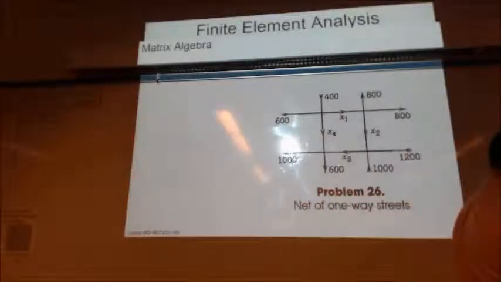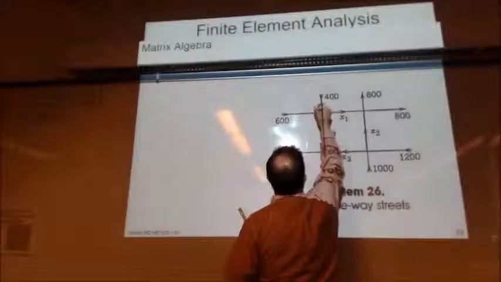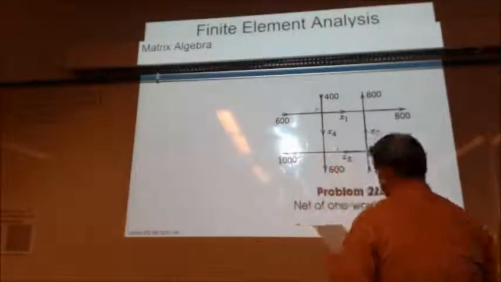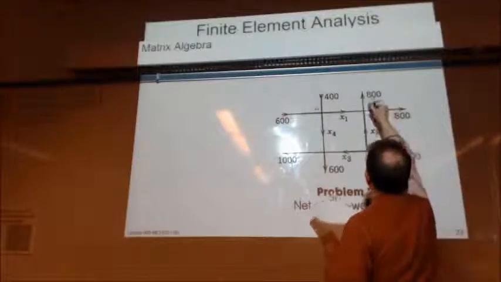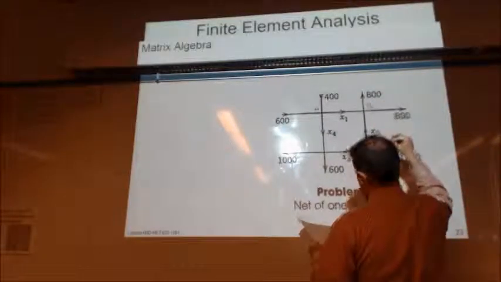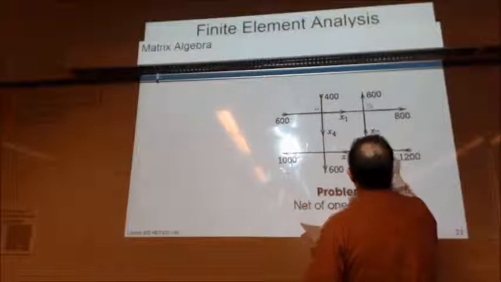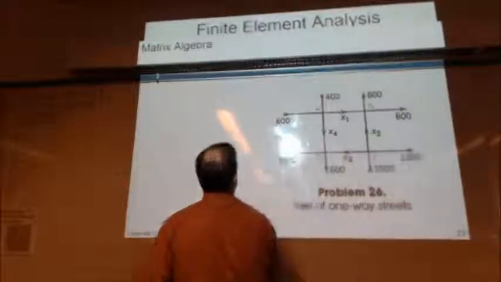And how do I label these? Let's see. So this is A. This is going to be B. So this will be C, and this will be D.